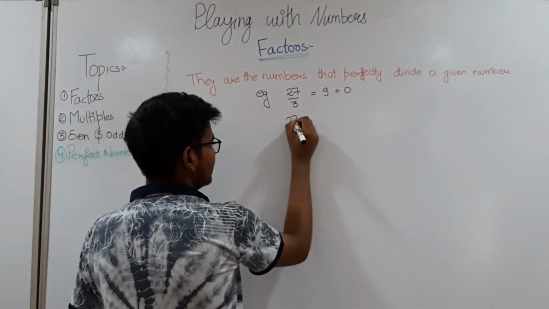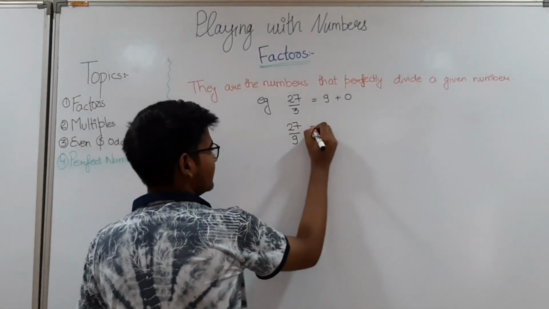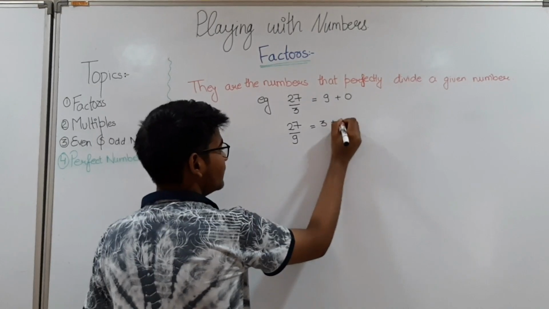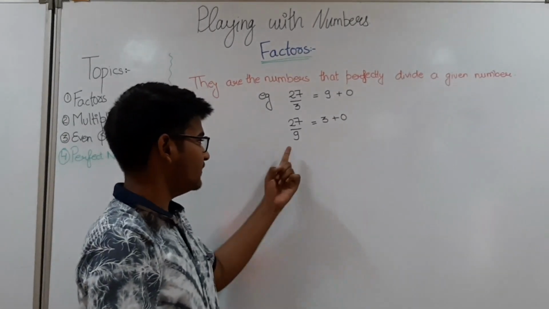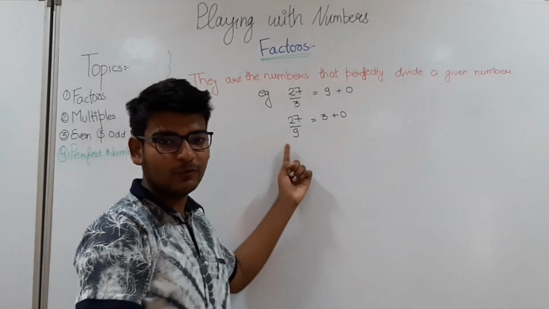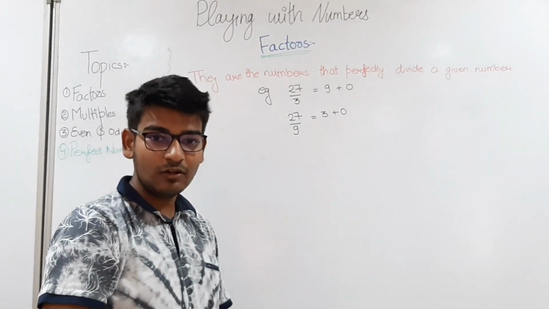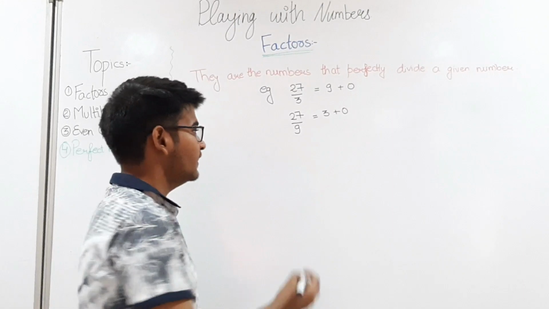Similarly, 27 divided by 9 is equal to 3, and the remainder is 0. So here also we can see that 9 completely divides 27. So 9 is also a factor of 27.